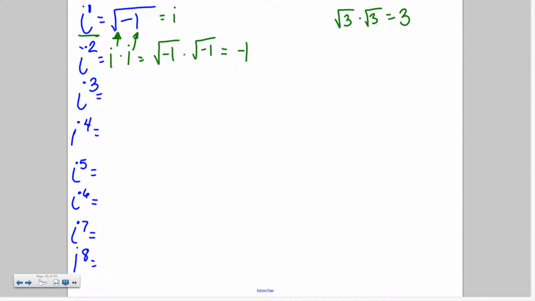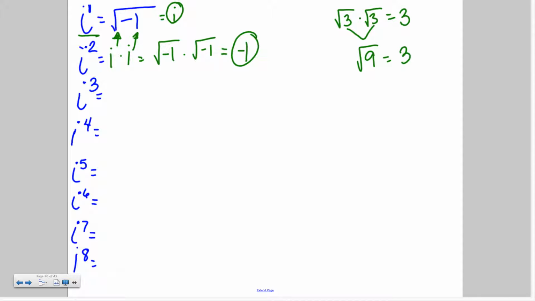The reason being is, if I multiply these two together, I'm going to get the square root of 9, which is 3. So anytime I multiply a square root of a number by the same square root of that number, you're going to get the number that's under the square root. So my answer for that one is going to be -1.